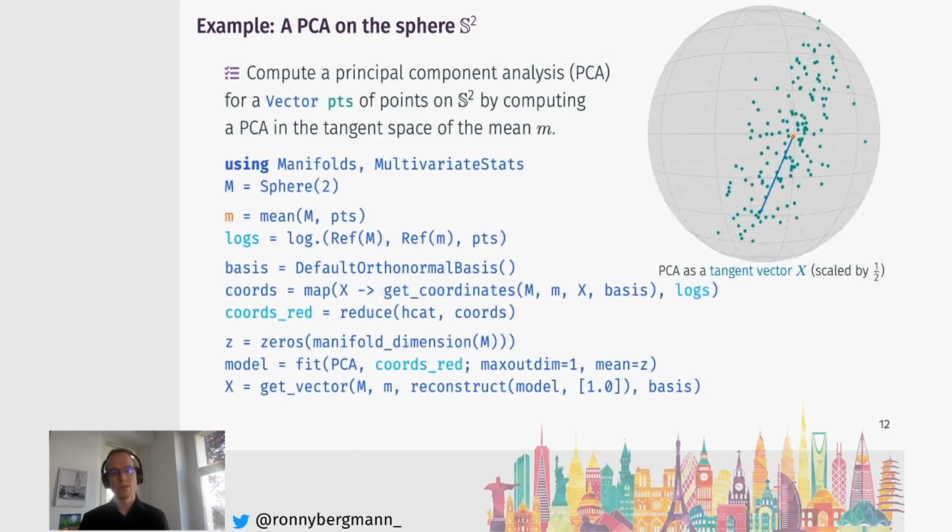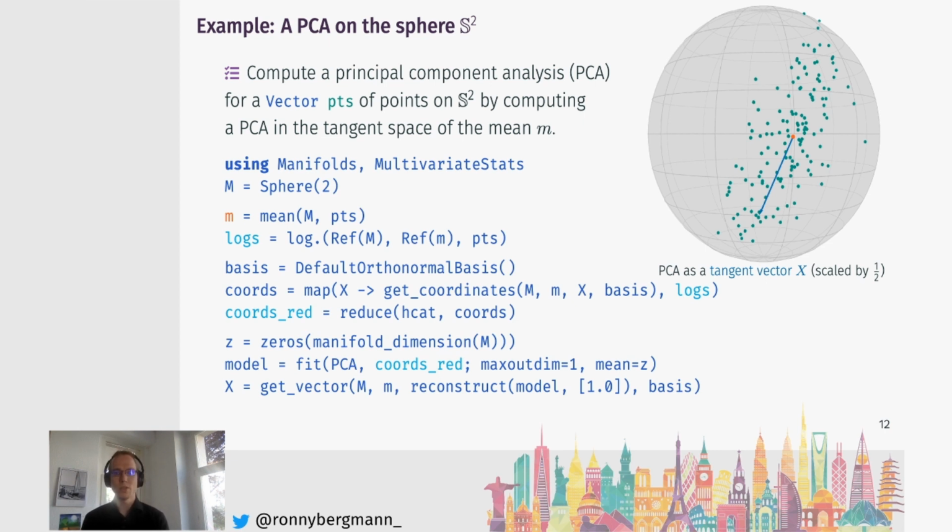But from that on, we can do the model fitting of a PCA and just get the main dimension out, that's max out dim 1, and reconstruct the vector x that's shown in the image on the right.